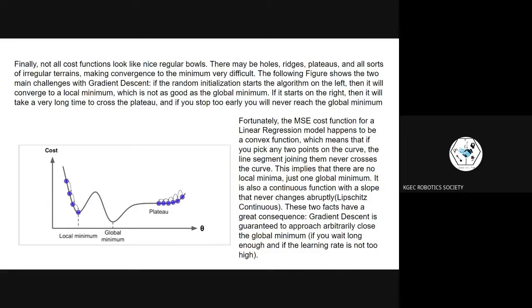Technically, its derivative is Lipschitz continuous. These two facts have a great consequence. Gradient descent is guaranteed to approach arbitrarily close to the global minimum if you wait long enough and if the learning rate is not too high.